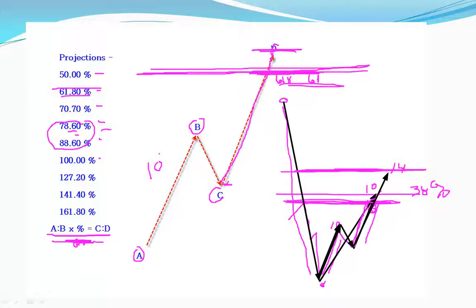It would still actually qualify as A to B, C to D, but it would be A to B times 141% equals C to D. So although this swing up is much larger than this first swing down off the low, that still qualifies it. So this is what they call a projection. All right, a projection. So typically, as I said, a lot of times you'll see that as 100%. Sometimes it falls short, sometimes it's further. It all depends where resistance is and what.